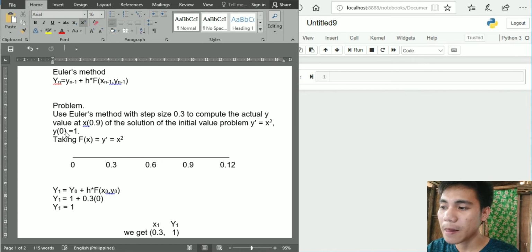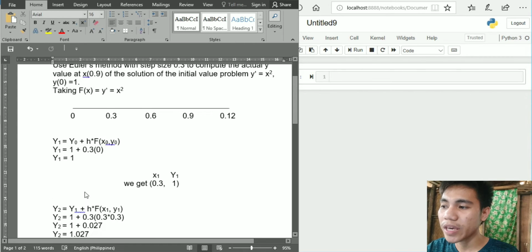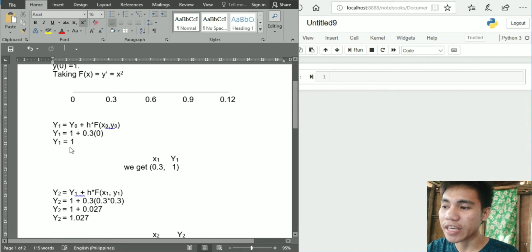It is 1 plus 0.3 because the length of every point is 0.3, and x sub 0 is this 0, and y sub 0 will be here, and it is also 0. So y sub 1 is equal to 1.